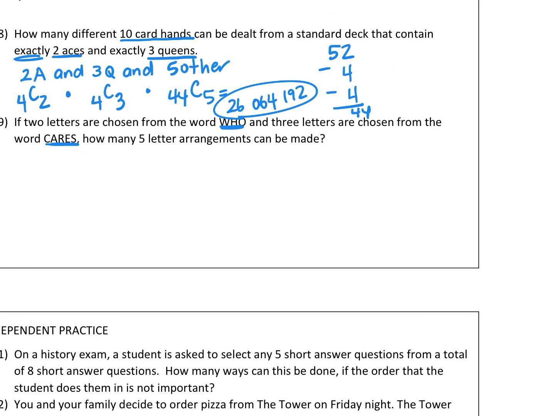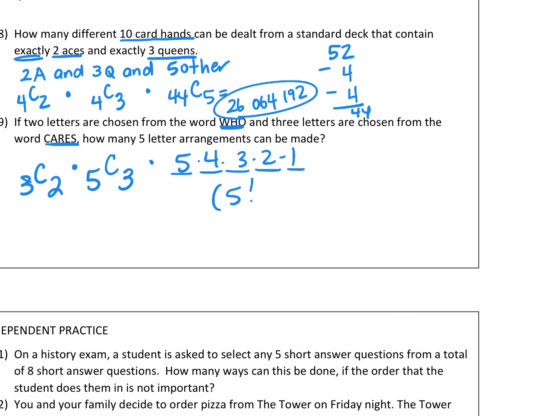If I want to choose 2 letters from who, from those 3 letters I want to pick 2 of them. And then, using the fundamental counting principle, picking 3 letters from the word cares, 5C3. And then I need to arrange those letters. Think of it as my 5-letter arrangement. Once I have those 5 letters, it's going to be 5 times 4 times 3 times 2 times 1, or you could have just written 5 factorial.